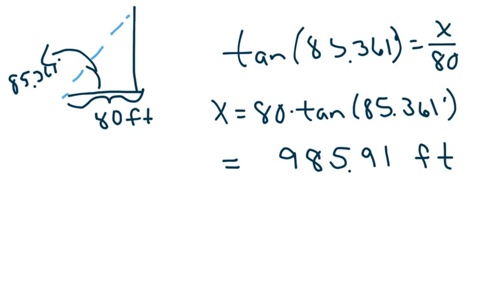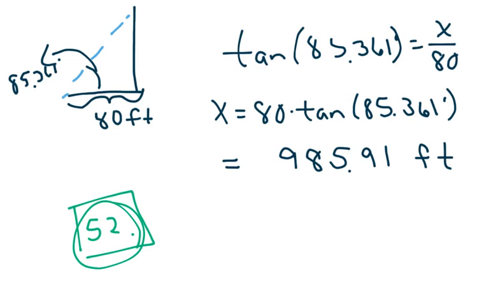Okay. The next one is, and while y'all are watching this, you need to know how to do 52. 52 is on your unit test. I'll probably do a separate video on that one.